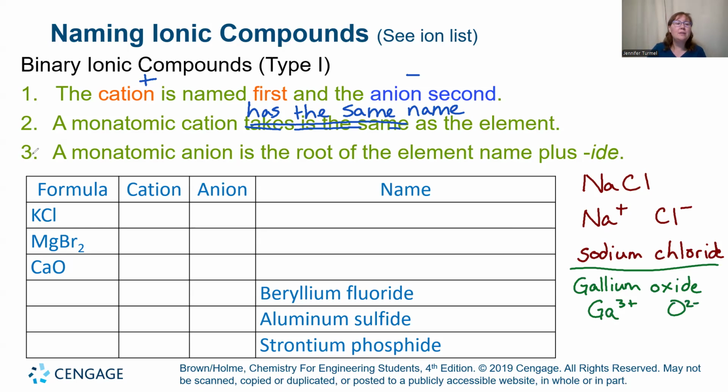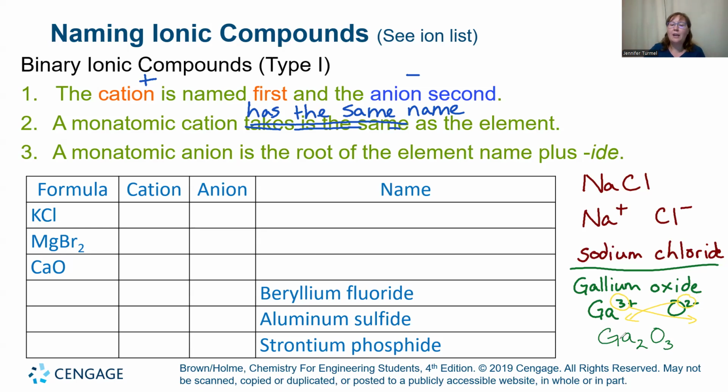So what do we do in this situation? Well, we will take this 3 and bring it down here, and we'll take this 2 and bring it down here. And that becomes Ga2O3.